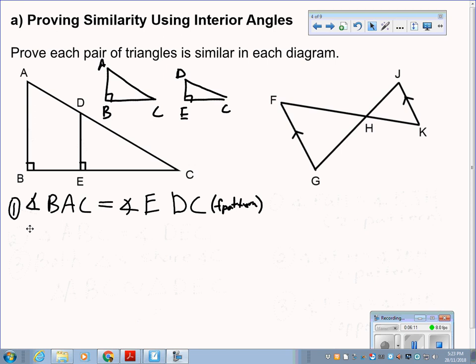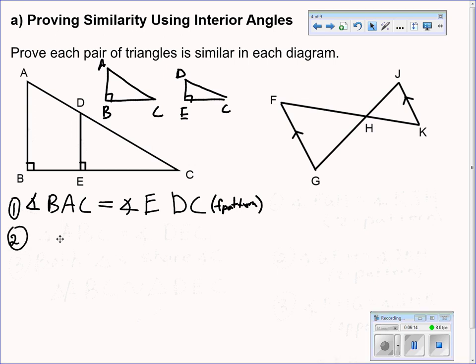Now moving on, for part 2, we're going to take a look at triangle ABC. Angle ABC is the same as angle DEC. And I would tell you right away we have another F pattern for that.